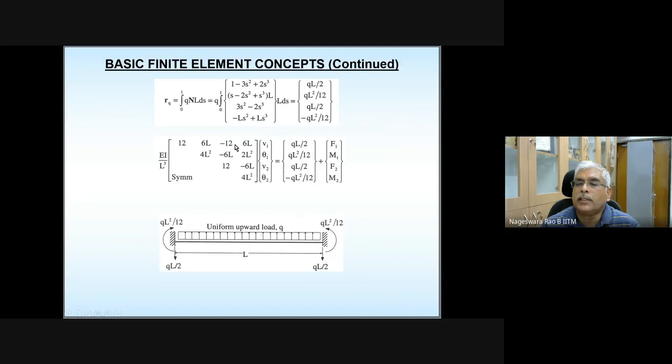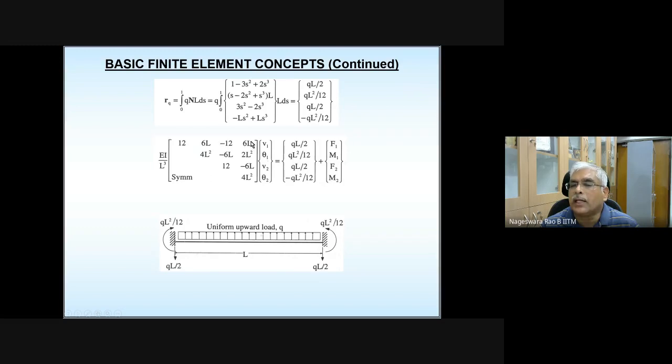But we already did that exercise for concentrated load problem. So stiffness matrix is going to be same. Only load vector is going to be different. Load vector for first element is going to be 0. Load vector for the second element, wherever Q is there, replace with minus Q, because load is acting in the downward direction here. And then assemble the force vector.